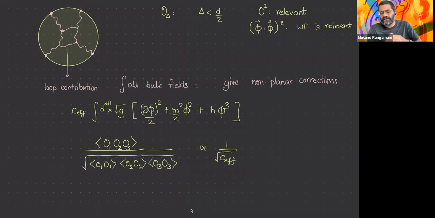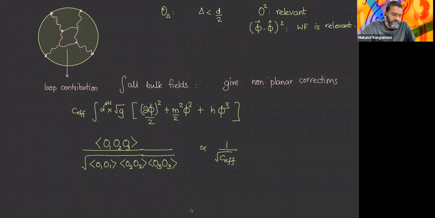The double trace operator should roughly correspond to a 2-particle state. Multi-trace should correspond to multi-particle states. So it can't have a new field in the bulk because it's tied to the previous field.